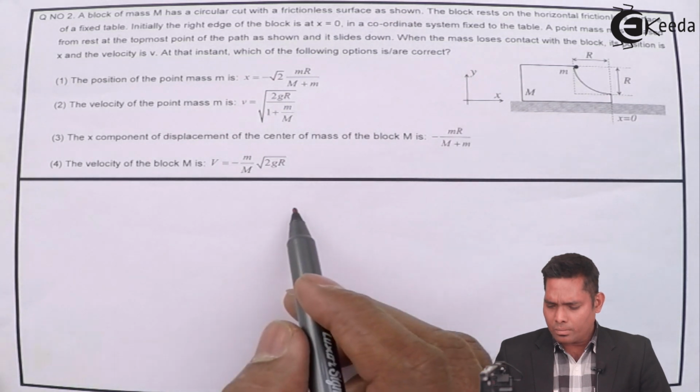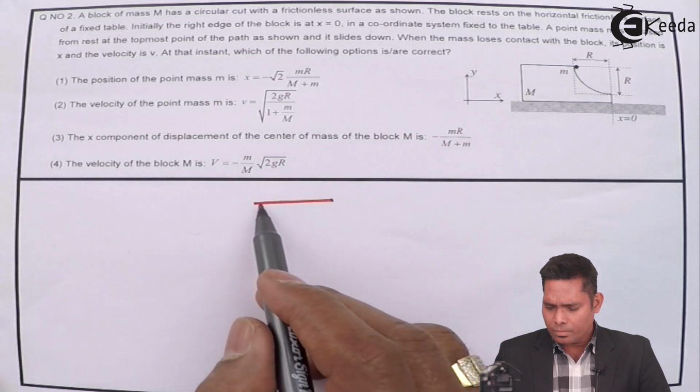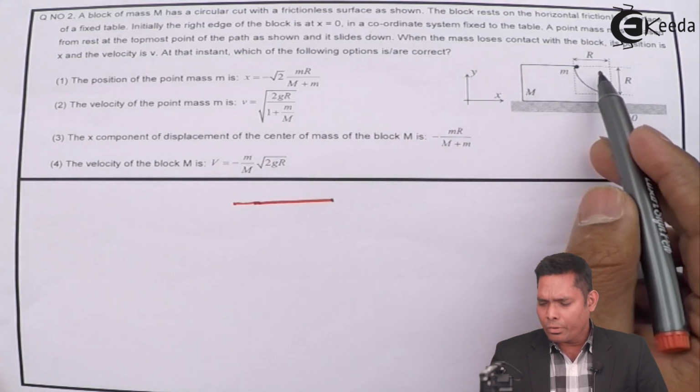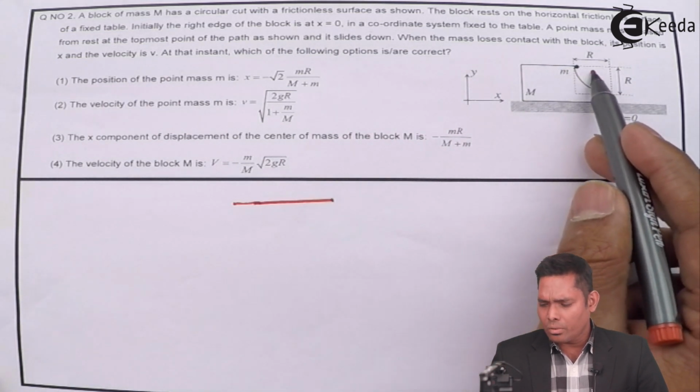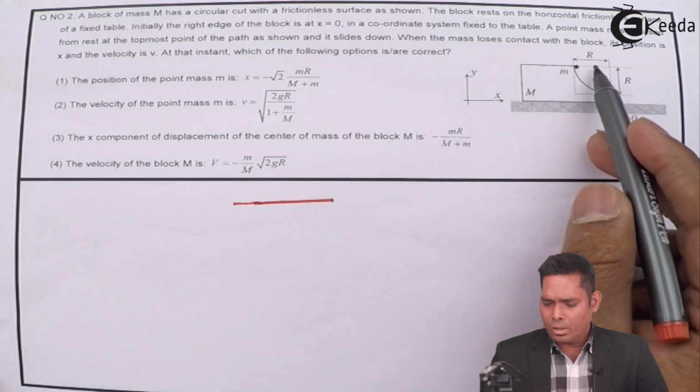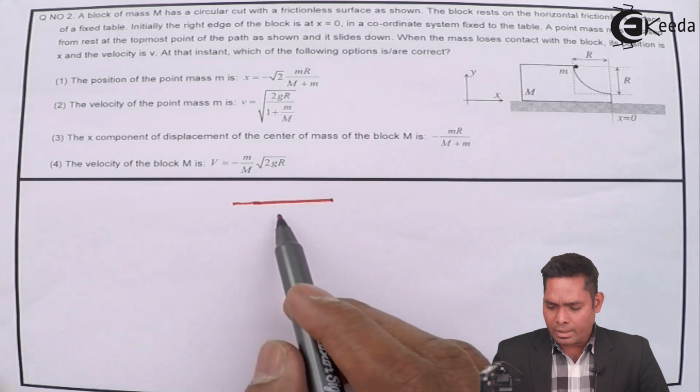This is a block, as you can see here, a block of which a section is cut of circular radius r. It is like this.